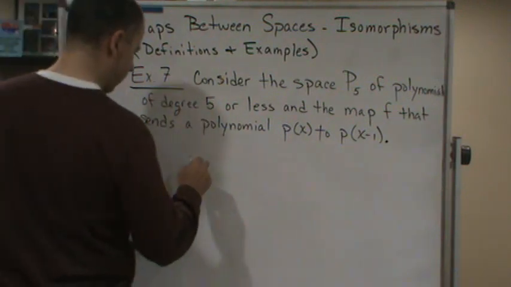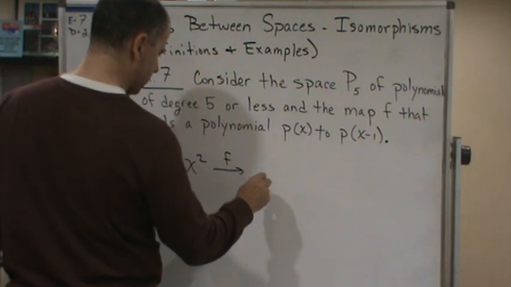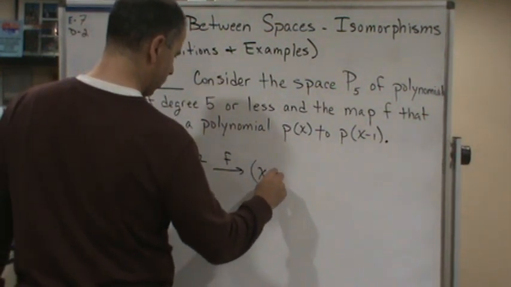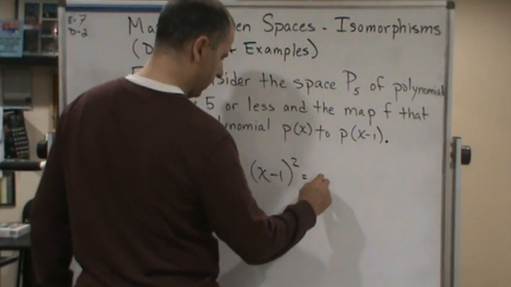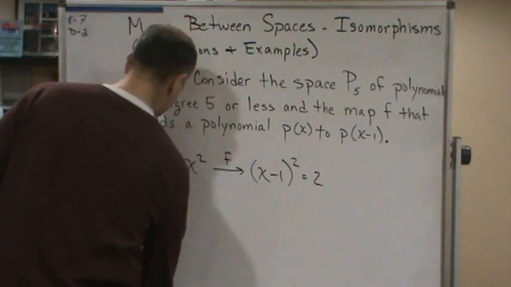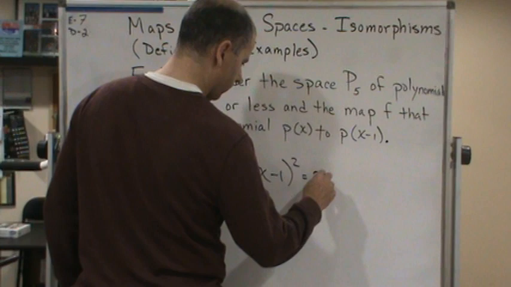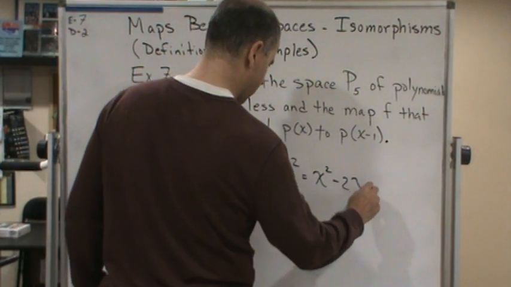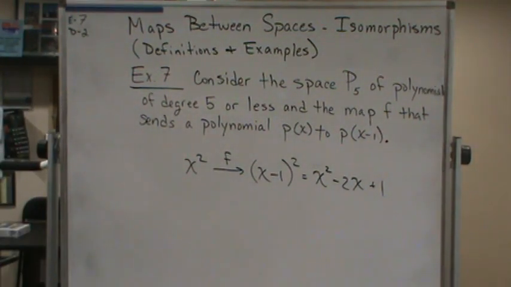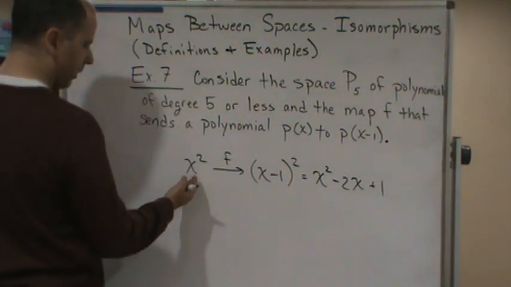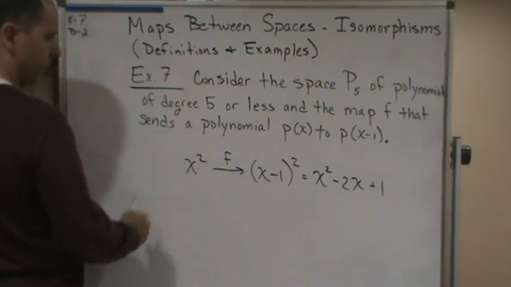Well, we could do this, where here we have, let's say, x squared gets mapped to x minus 1 squared, right? And of course, that's going to become x squared minus 2x plus 1, right? So we have a parabola here that is centered at 0, right?